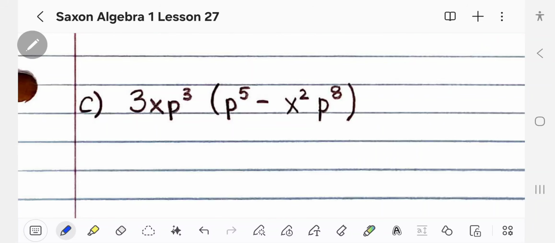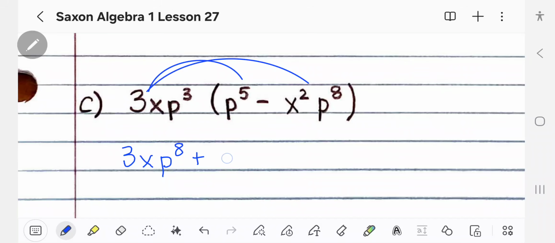For C, we've got this factor on the outside times each of these terms on the inside. So let's multiply this first. We're going to have that 3, and we're going to have an x, and then we've got a p cubed times a p to the 5th, which would be p to the 8th. And then we're going to multiply that term by this over here.